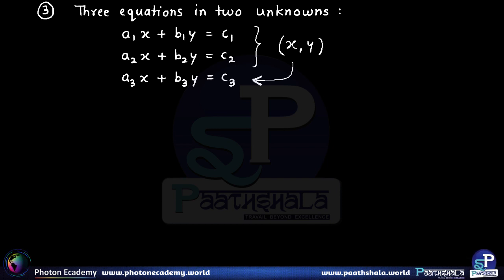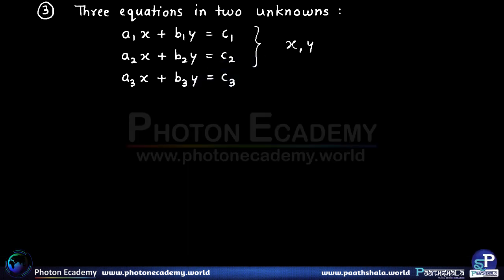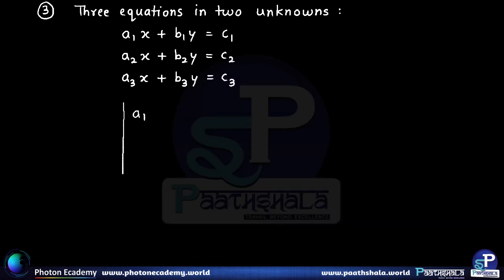So how do we know whether this particular set of three equations has a common solution? For that we have a simple condition in terms of determinants, that is, we have to create a determinant using the coefficients of x, y and the constant term. So that means here we have a1, b1, c1, a2, b2, c2 and a3, b3, c3.